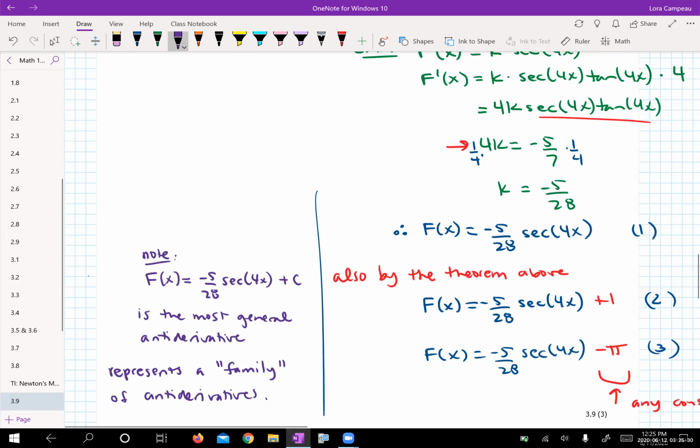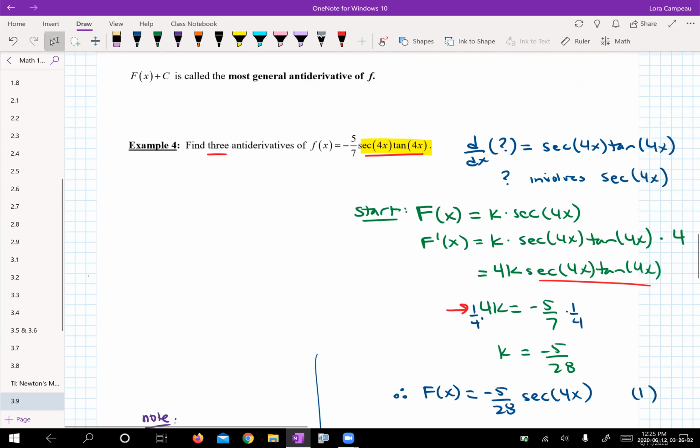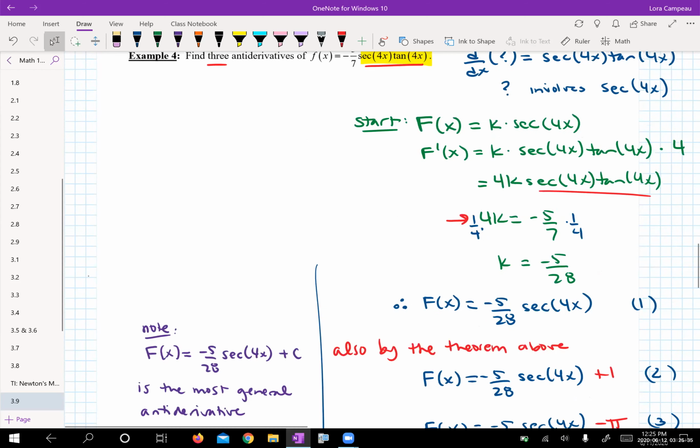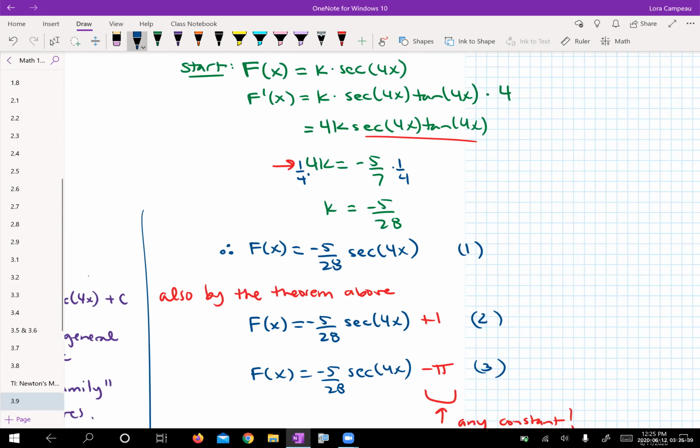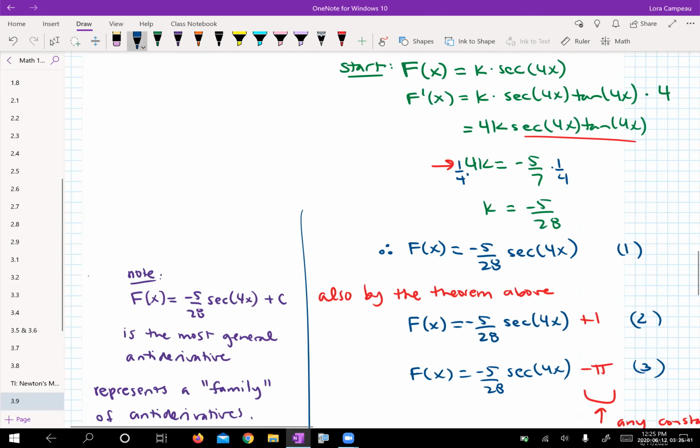So nothing really new. The moral of the story is you basically take what we found earlier and add on c. And that helps us determine that we can replace c by any constant and we'll find any of the antiderivatives to apply to our situation.